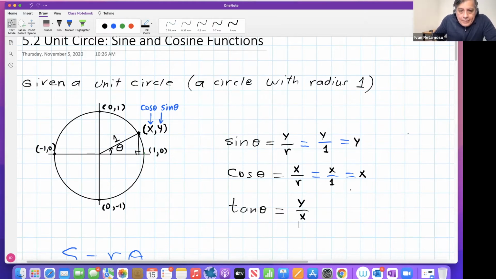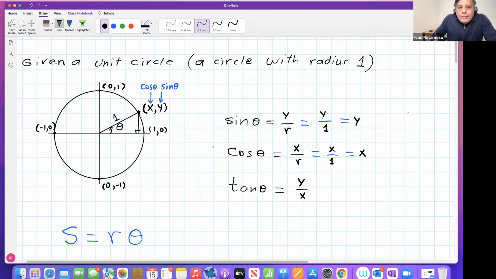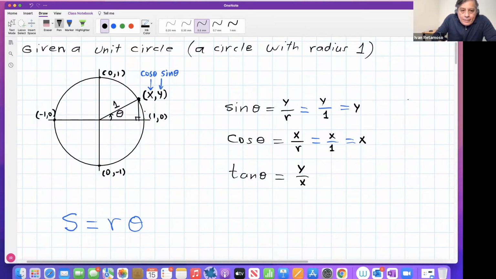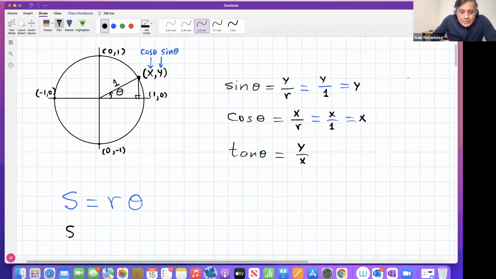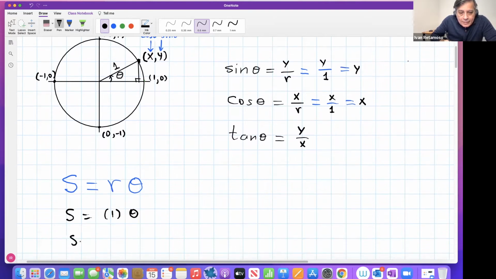Now notice that if you remember the formula for the arc length, S, the arc length, can be measured via this formula, r times theta. But since we are working with a unit circle, r is 1 times theta, so I end up with this simplified version of the formula: S equals theta.